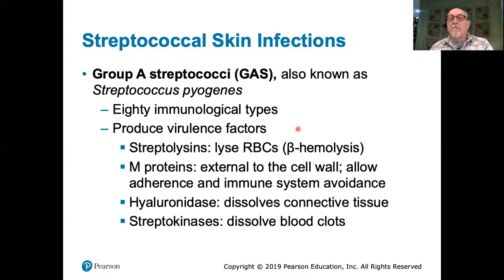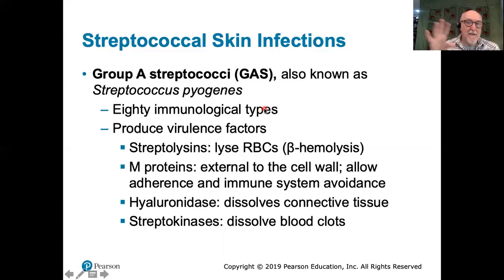So the streptococcal skin infections are mostly caused by a group called Group A Streptococci, GAS. This is actually given a specific name, although there's some argument about whether it should be or not. But we refer to them as Streptococcus pyogenes. But I just warn you that there are many, many different strains and varieties within this group.